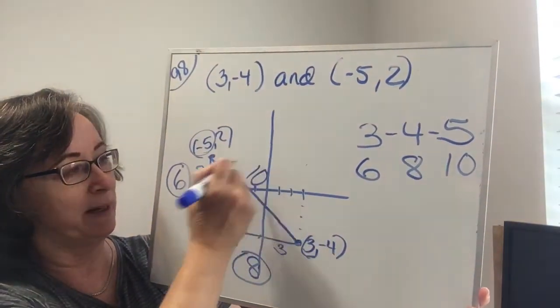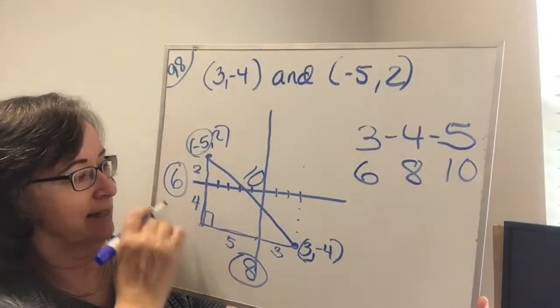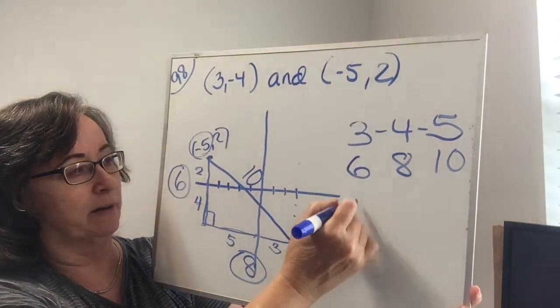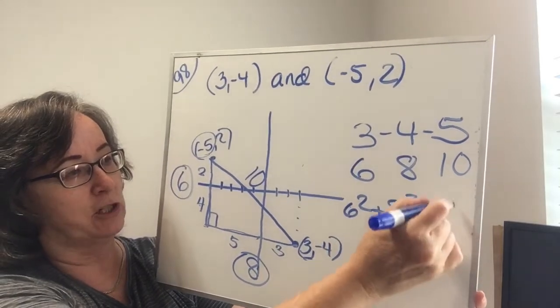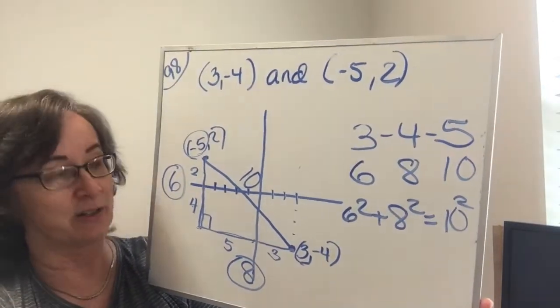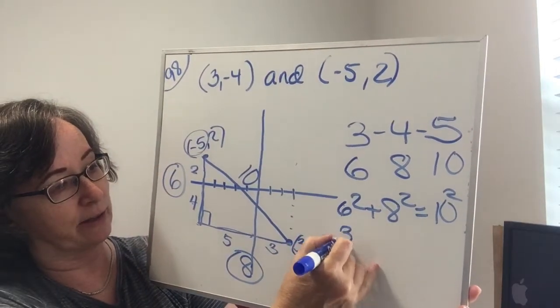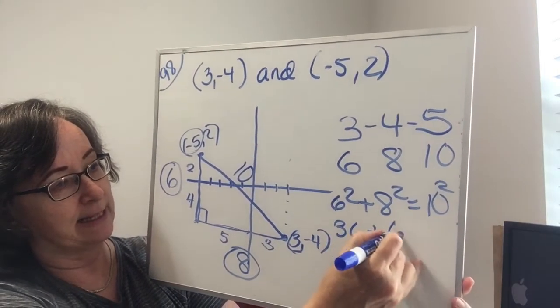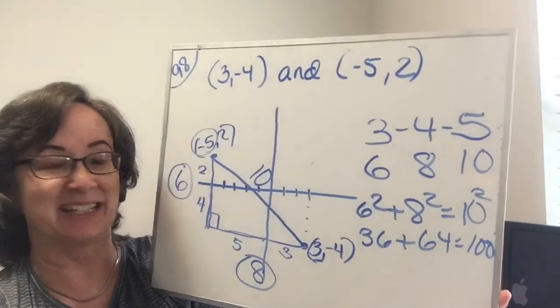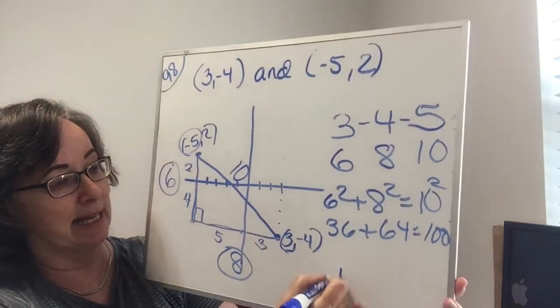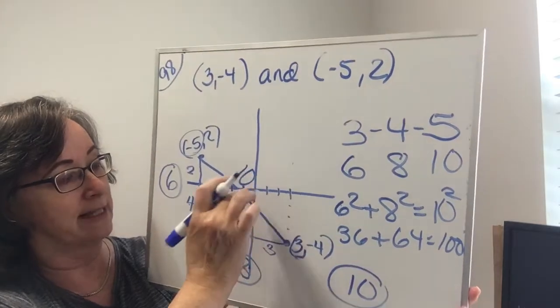So this is going to be a 10, but let's check it. 6 squared plus 8 squared is, let's check and make sure that's 10 squared. 6 squared is 36 plus 64 is 100, which is 10 squared. So the distance is 10 on this side over here.